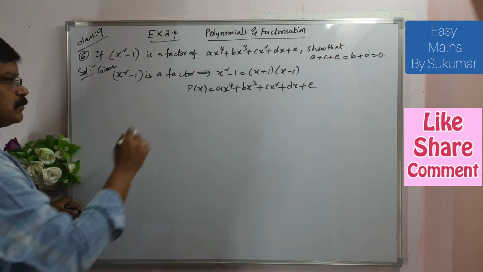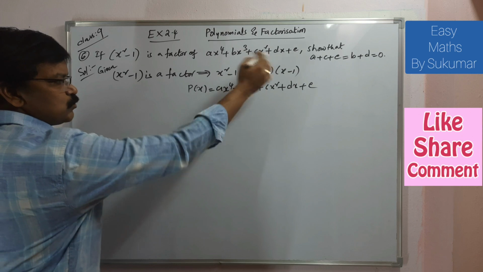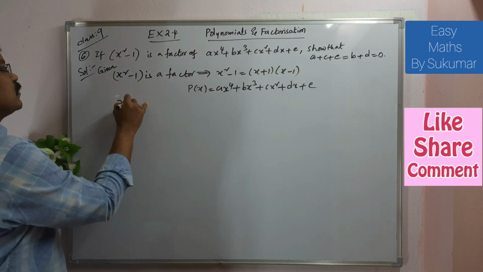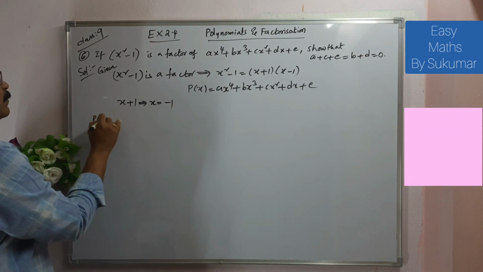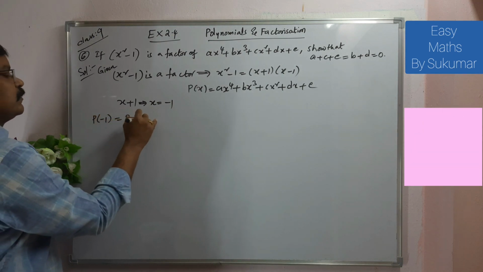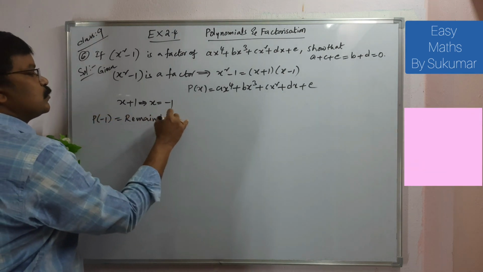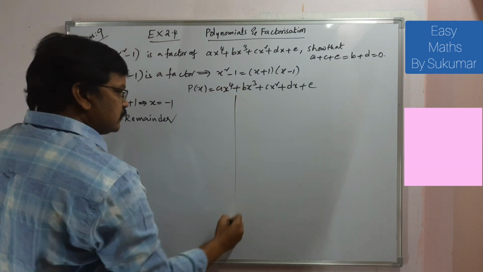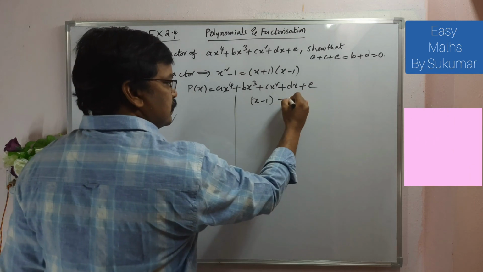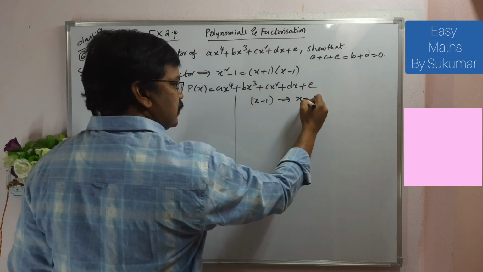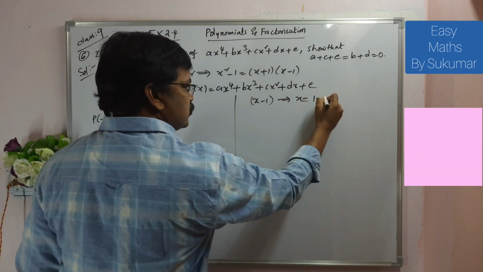See here students, x plus 1 is a factor. X plus 1 is a factor means x is equal to minus 1. That means p of minus 1 is the remainder. Similarly here, x minus 1 is a factor means x minus 1 should be 0.